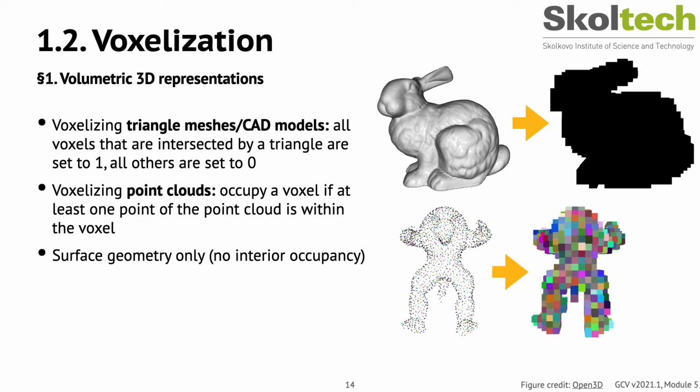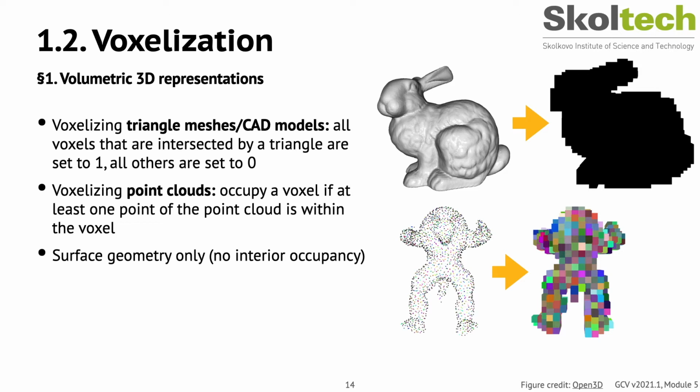So point clouds are sparse, therefore the voxel grid that we are going to be obtaining as a result of this voxelization is going to also have a lot of empty cells. But to build an occupancy map out of a point cloud, we basically occupy a voxel if at least one point in the point cloud is within the voxel.